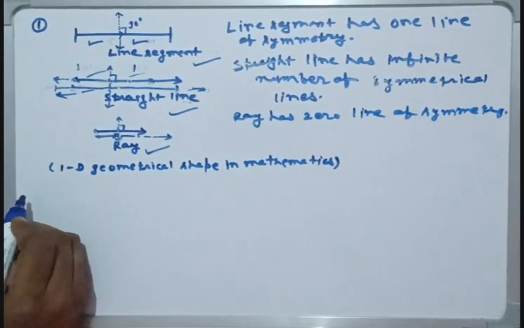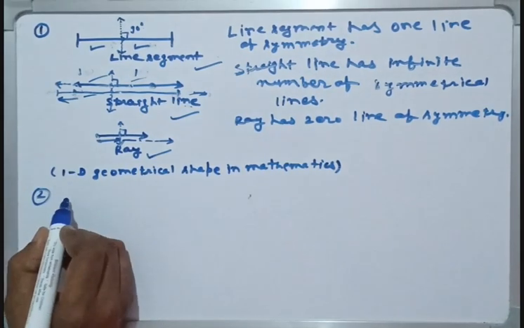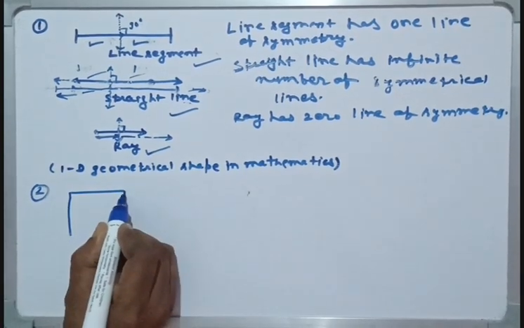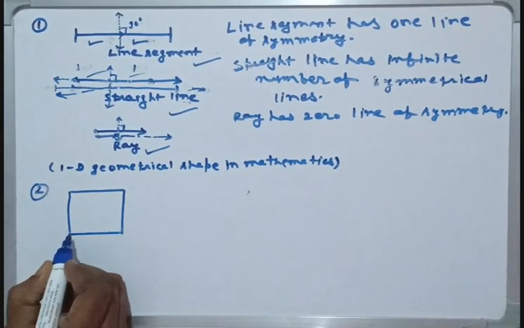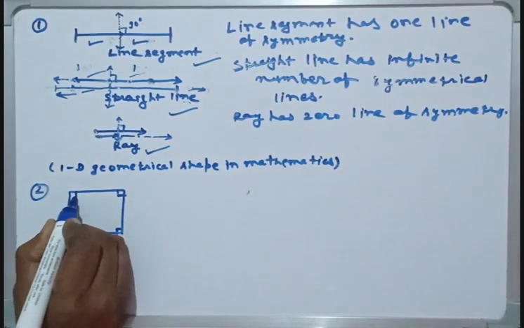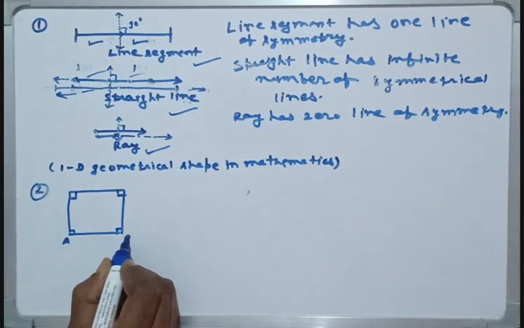Guys, next we see the square. See guys, now see this one is a square. Okay, in case of a square all sides are equal and these angles are equal.